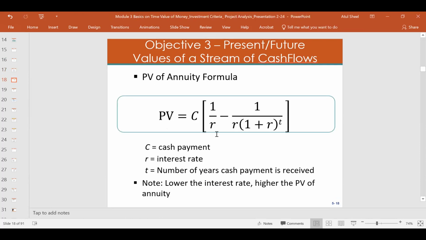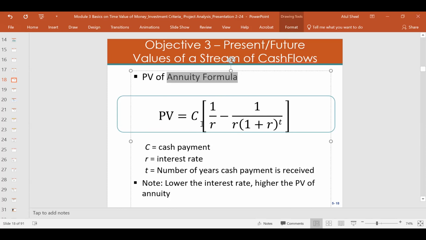So when you condense the annuity formula, the present value of an annuity, if you keep receiving that same amount, will be the cash flow times 1 divided by R minus 1 divided by R times (1 plus R) to the power T. This is the present value of an annuity formula.